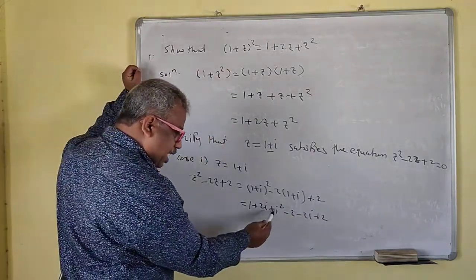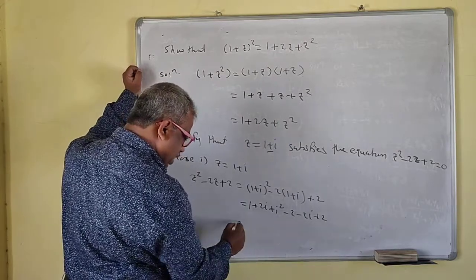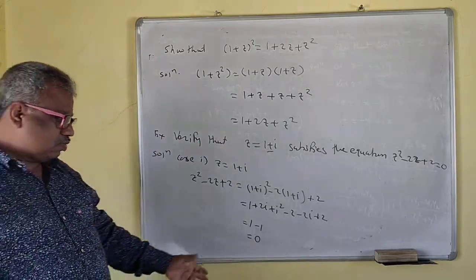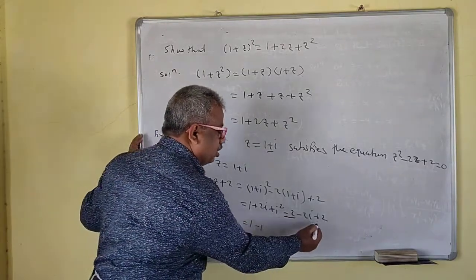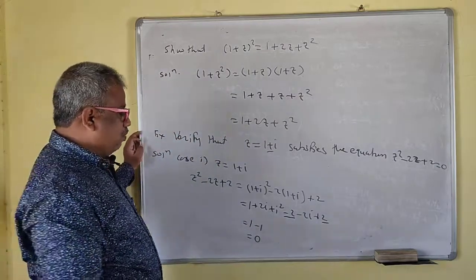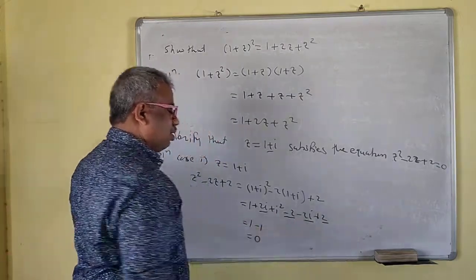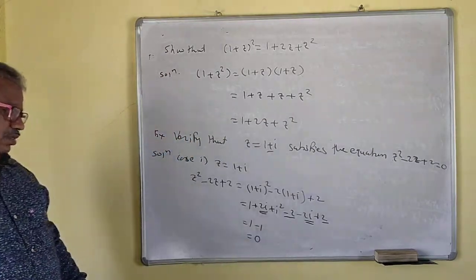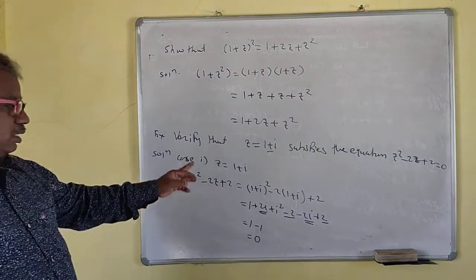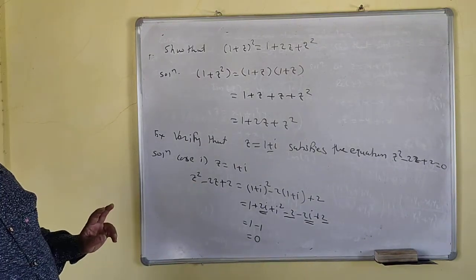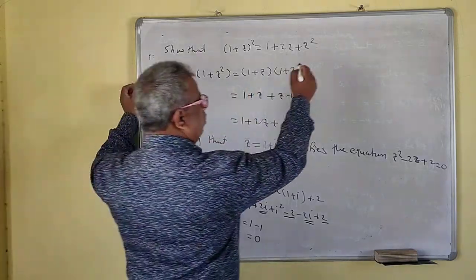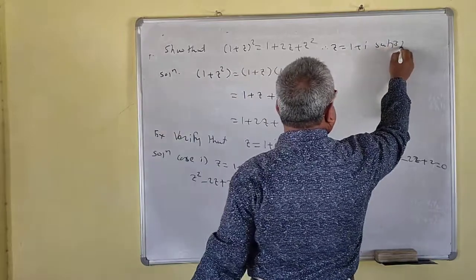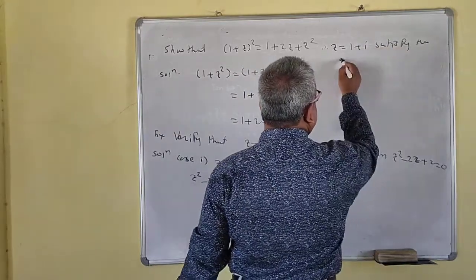Okay, so this twice i gets cancelled, this 2 gets cancelled. This is 1 minus 1, so this is 0. i square is minus 1, so this is 0. These are equal but opposite terms, so they get cancelled. So that means z is equal to 1 plus i satisfies the given equation.